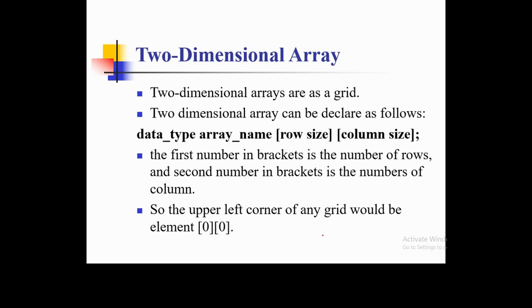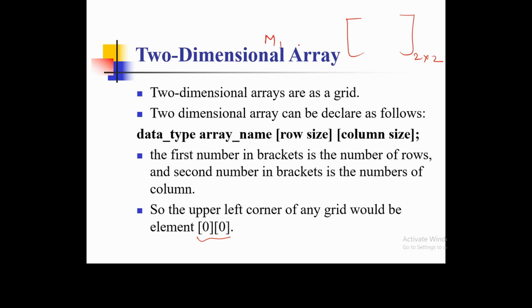So the upper left corner of any grid would be element 0, 0. When we are dealing with an array, the starting index of the array will be 0. The same will be for a two-dimensional array. In this case also the index of the first element of the array will be 0, 0. Like if we are having an array like this, it is a 2 cross 2 array.